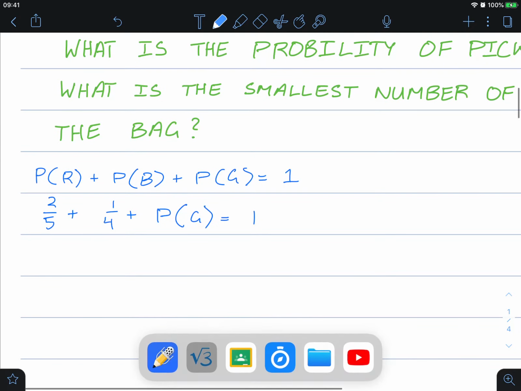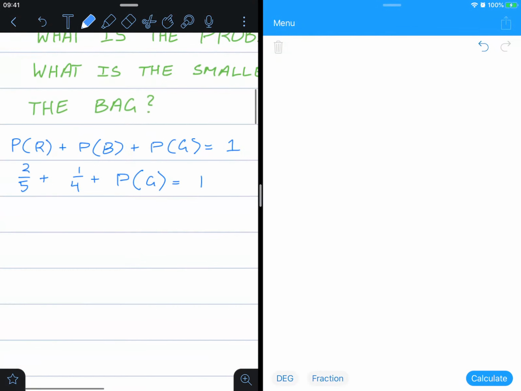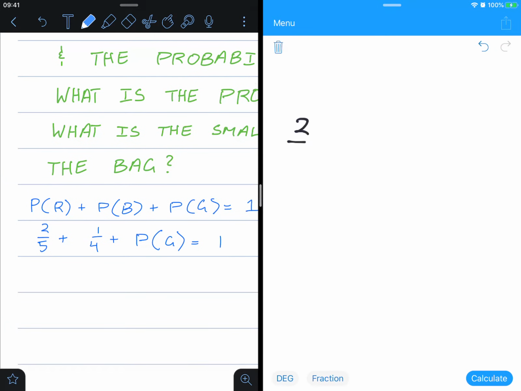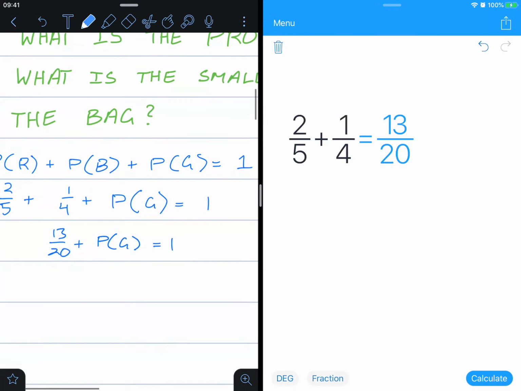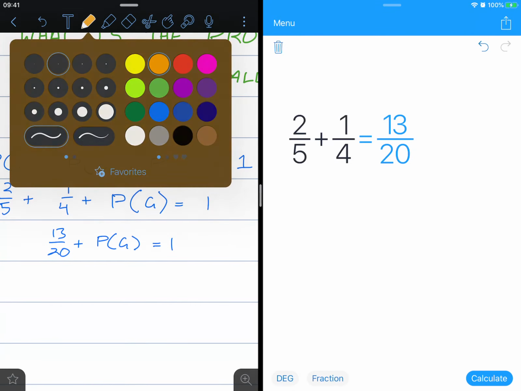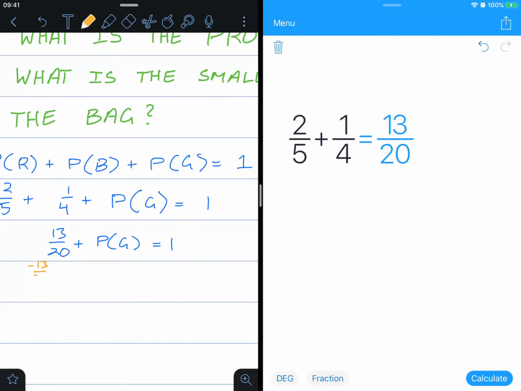Well, using our calculator, 2 out of 5 plus 1 out of 4 becomes 13 out of 20, plus the probability of green equals 1. Working this like algebra, we can subtract both sides by 13 out of 20.